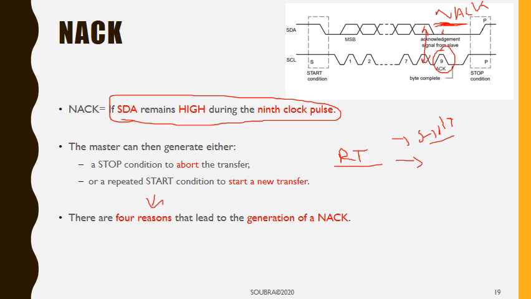The other thing would be, remember, I need to specify the address of the slave. So maybe the address I'm trying to send data to is not connected. So there's no one with that phone number. Or maybe something went wrong with the data, so it did not understand it. And what else can you think of?